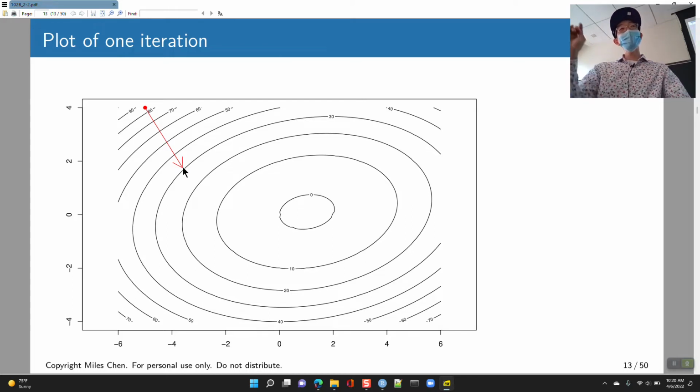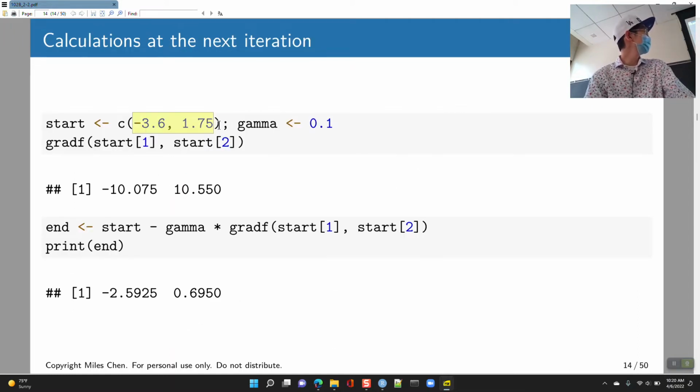And that is one iteration of gradient descent. Okay, and so now, what do I do? I start here at negative 3.6, 1.75, and I follow the same process. We will find the gradient at negative 3.6, 1.75.